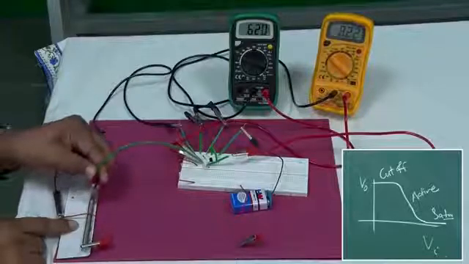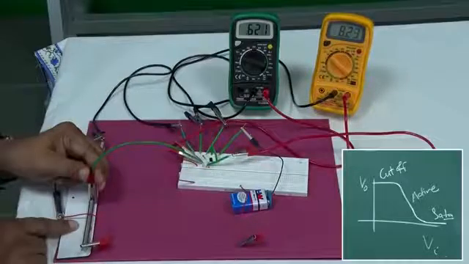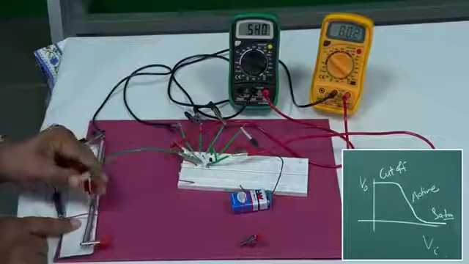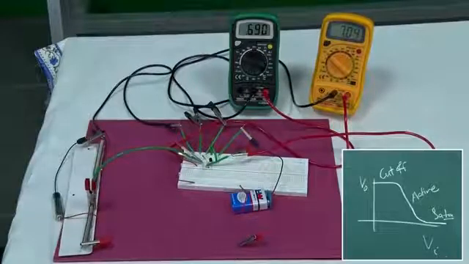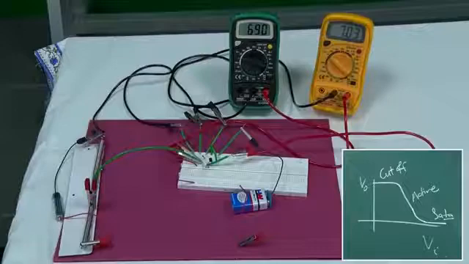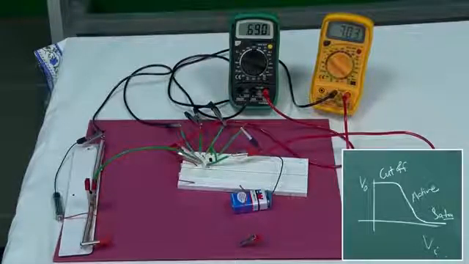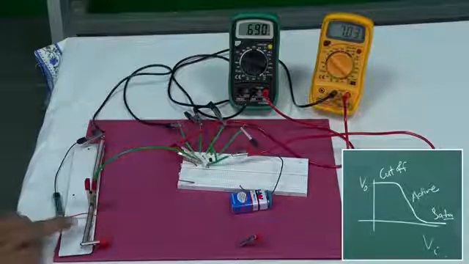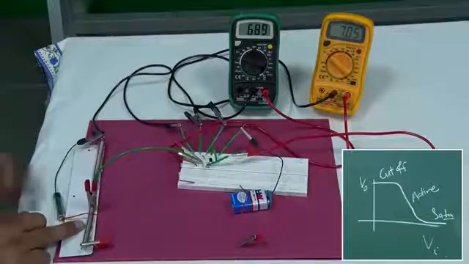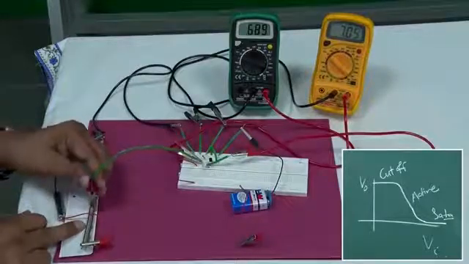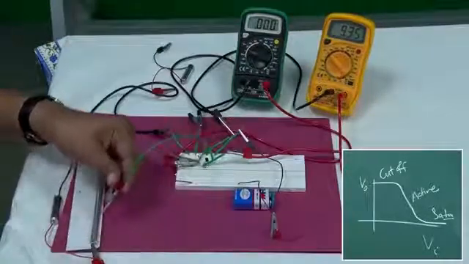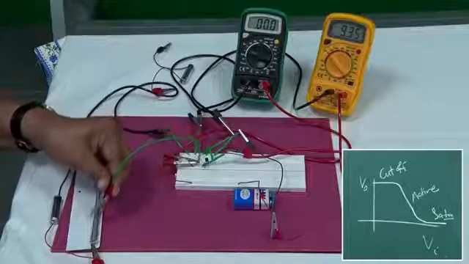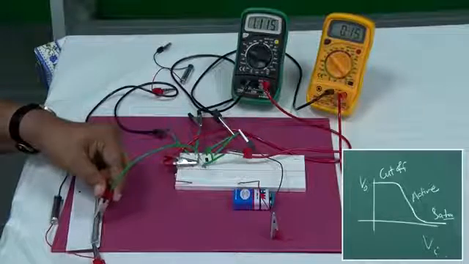Go further. 0.690 and 7.03. So, you see, as I am increasing this input voltage, this output voltage is gradually decreasing, as it should do in the active region. So, now let me increase the base voltage sufficiently, and let us see if we can go into the saturation region.